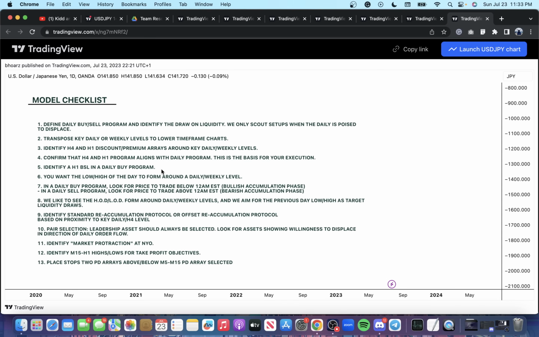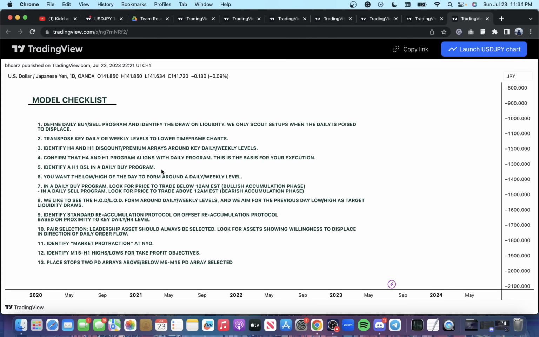Again, 80% of the time, the low or high intraday will form around key higher time frame levels. And that's why every single time you go into your charts, always leave your higher time frame levels on your lower time frame charts. They will influence the delivery on the lower time frame charts.